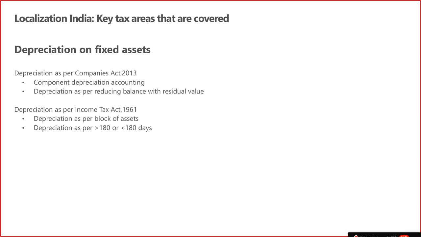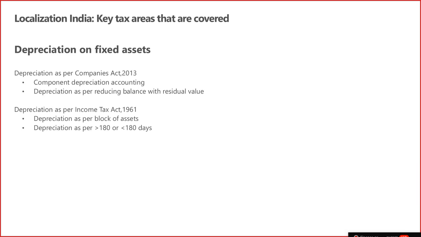Depreciation as per the Income Tax Act is calculated in a block of assets, and the important thing is the depreciation rate. If the asset is put to use for less than 180 days, the depreciation will be half of the normal defined rate. There is also group depreciation, and then there is a need to generate a depreciation report as well.